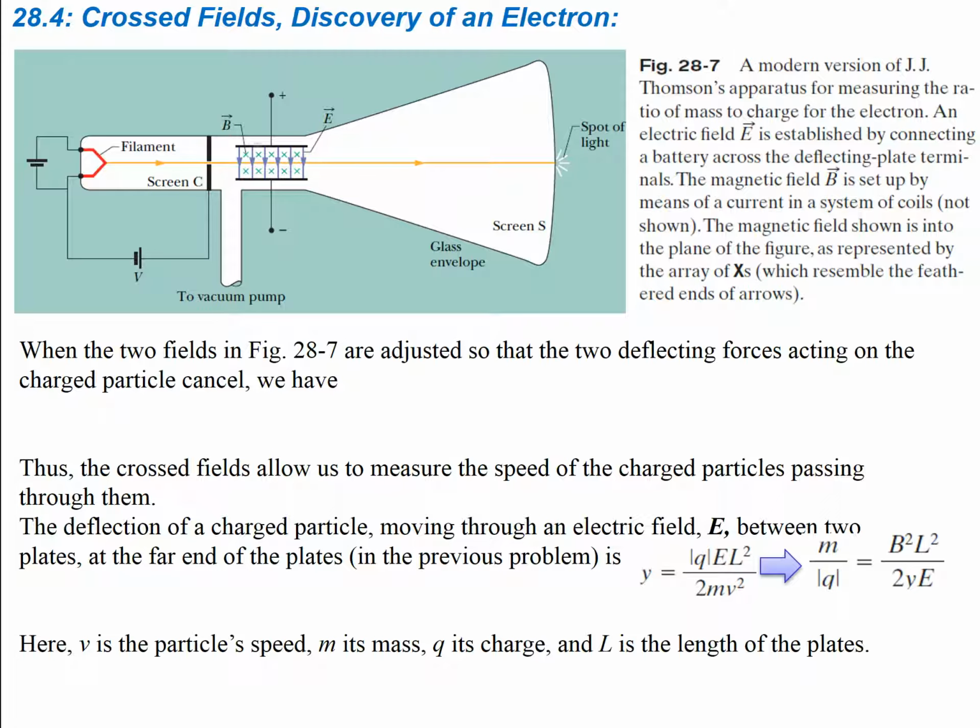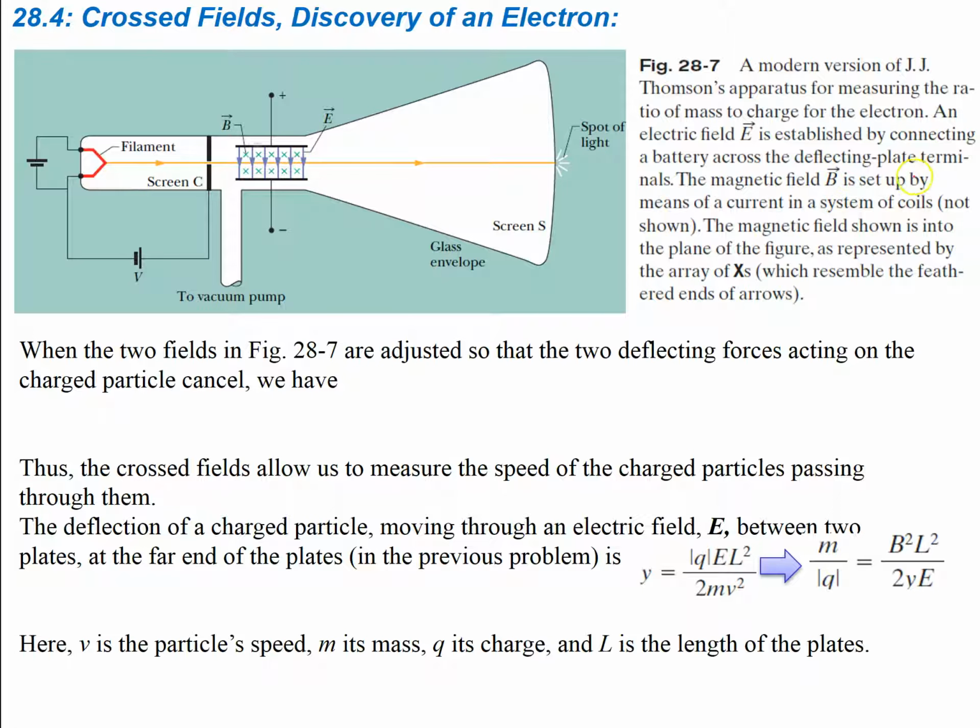He took an electric field, which was established by connecting a battery across the deflecting plate terminals. You have two deflecting plates here, and you create an electric field between them by creating a potential between them. It's sort of similar to a capacitor in a way.